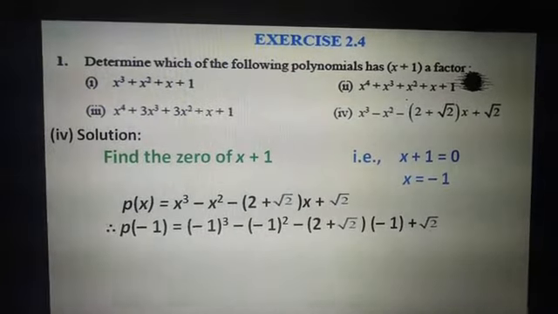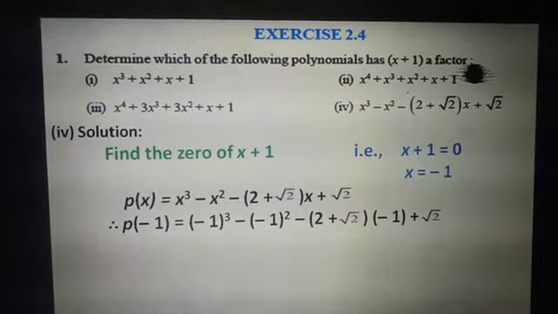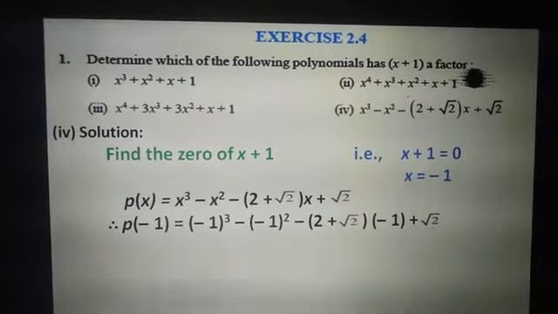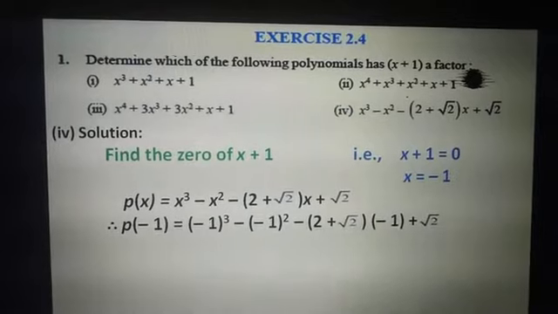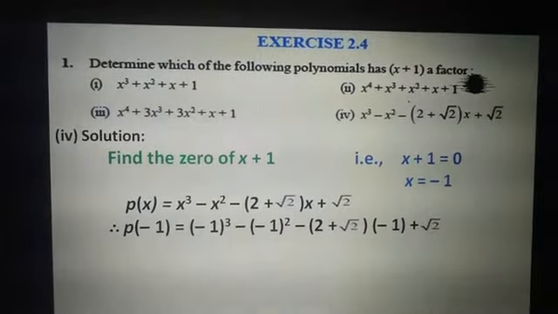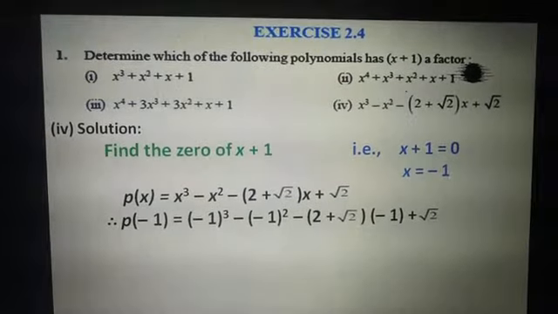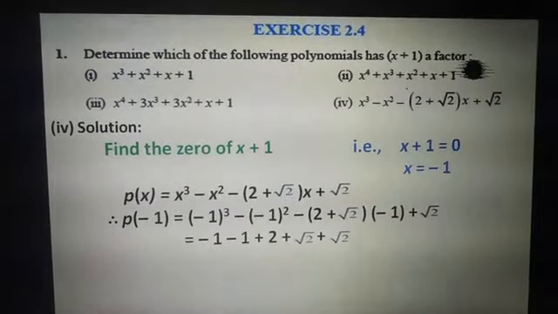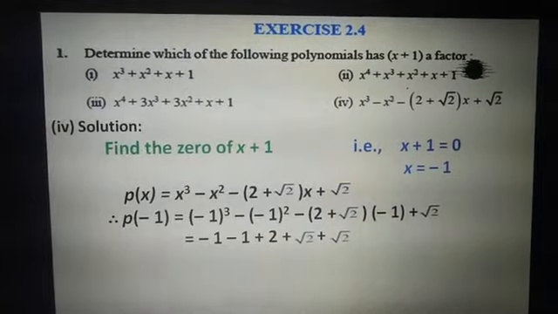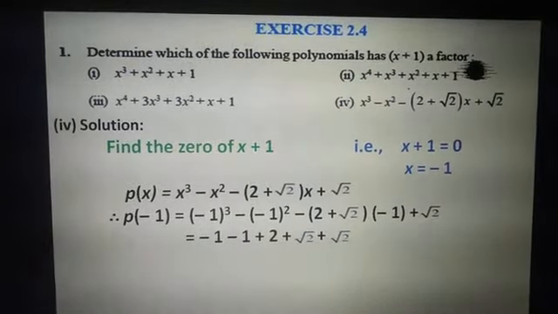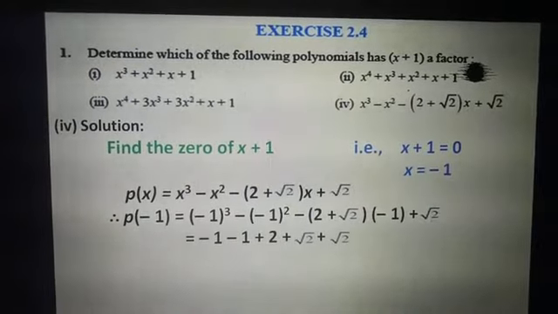Therefore, p of minus 1 is equal to minus 1 the whole cube minus x squared, x value is minus 1, so minus 1 the whole squared, minus 2 plus root 2 into minus 1, plus root 2. Here, minus 1 the whole cube is minus 1, minus 1 the whole squared is plus 1. So plus 1 into minus 1.